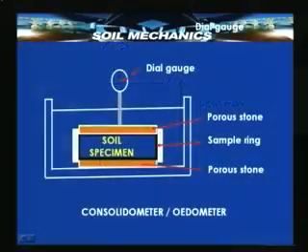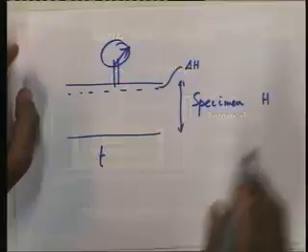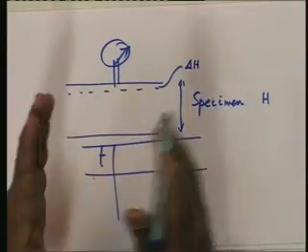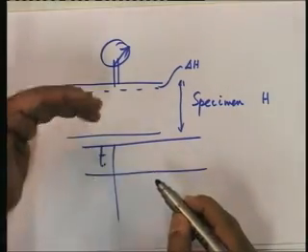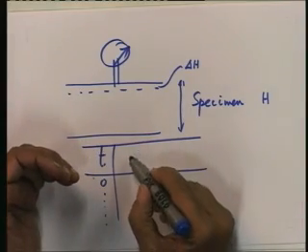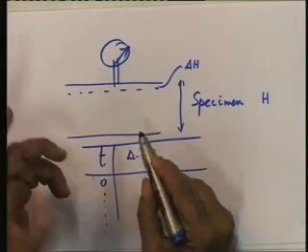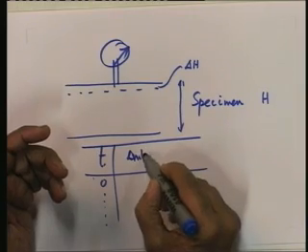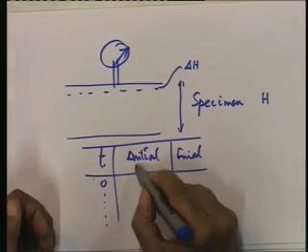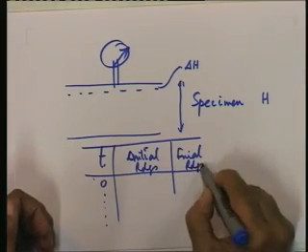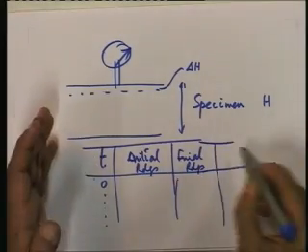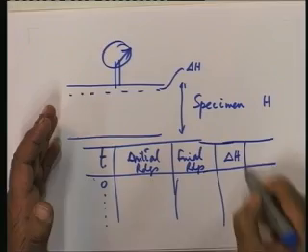So, effectively in an odometer or a consolidometer test, the output that we get will be in the form of a table in which we will have time starting from 0 to various different values and the corresponding change in thickness, or in other words the initial and the final dial gauge readings, which in turn will help us, in terms of their difference, to compute the change in thickness which we are interested in.